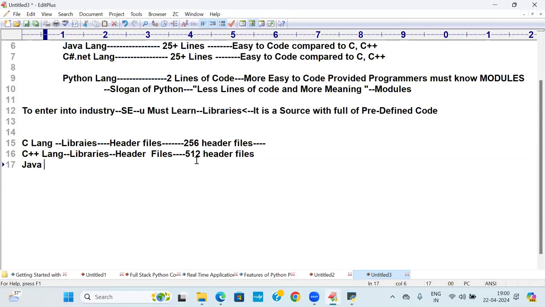In Java language, libraries are called what you know? Packages we can call them. There are so many packages: core Java packages, advanced Java packages, Spring packages, Spring Boot packages, Boot with microservices packages. For learning Java, you need almost 1 year, 1.5 years.